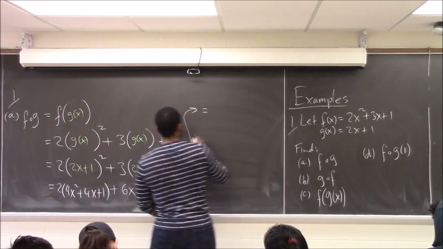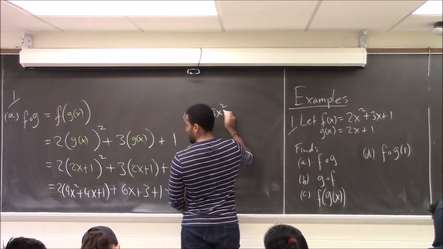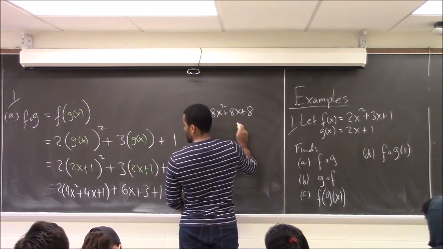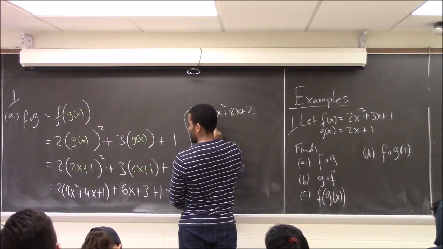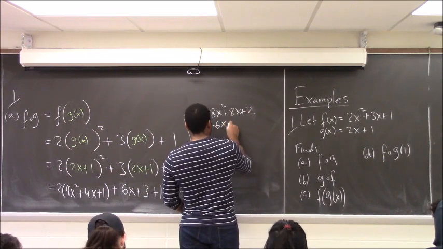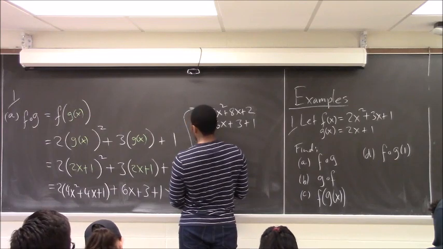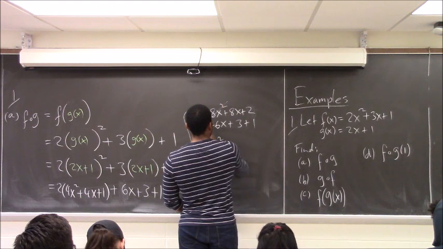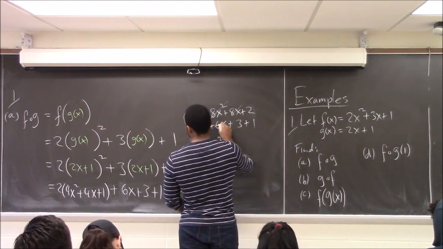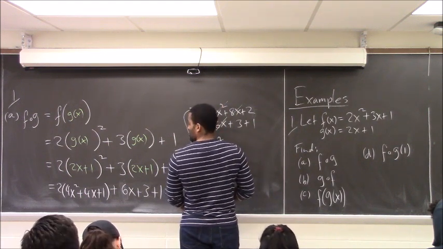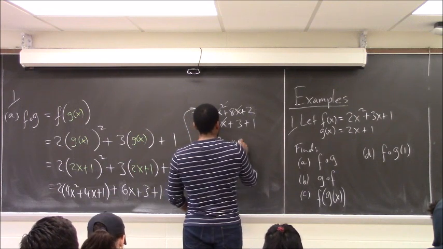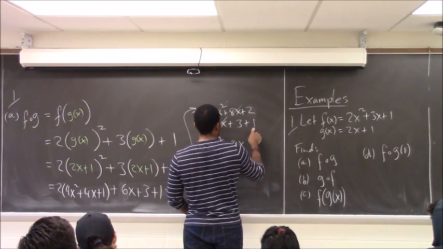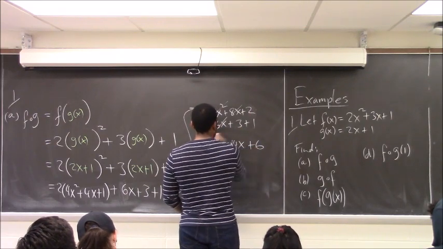And here I can distribute this, so this is 8x squared plus 8x plus 8 plus those plus 6x plus 3 plus 1. And now you combine all the like terms, so that's the 8x squared, the x's, we have 8x and 6x, so that will give you 14x. And then we just have all these numbers, the 2 plus the 3 plus the 1, and that's 6. So that's going to be the answer.